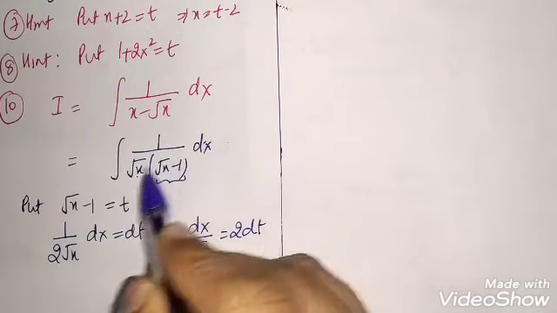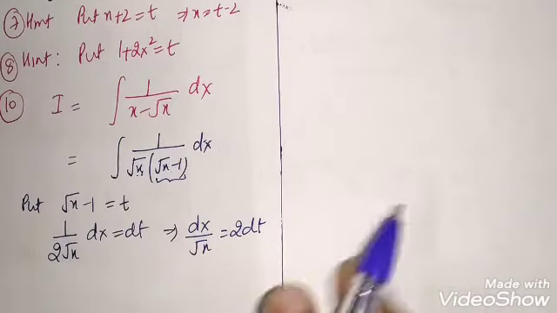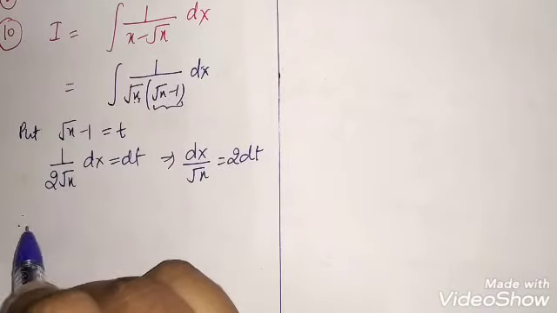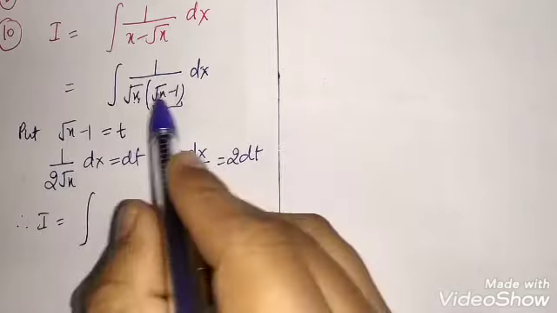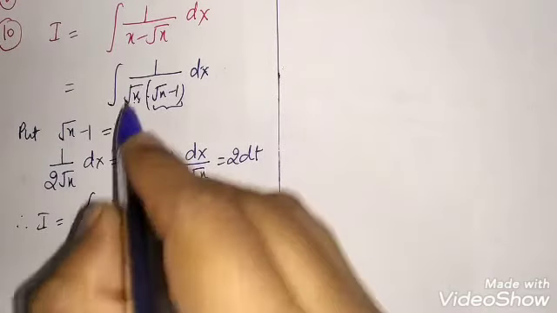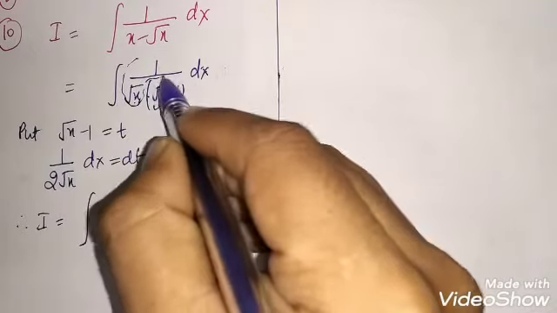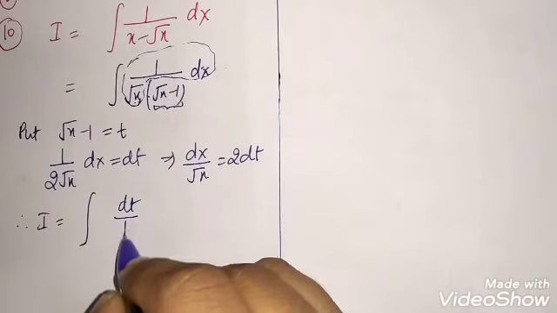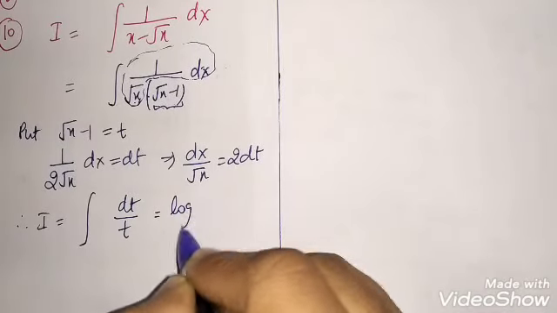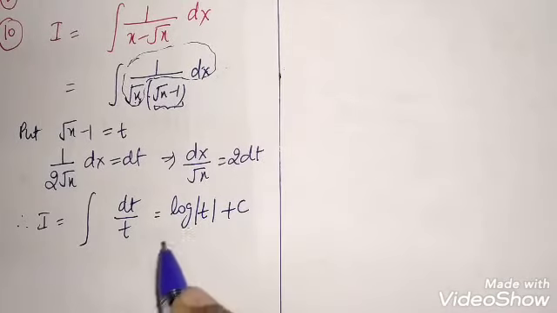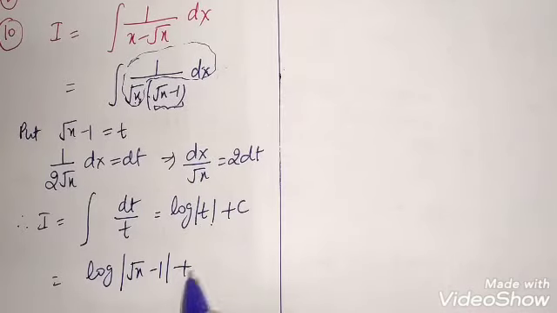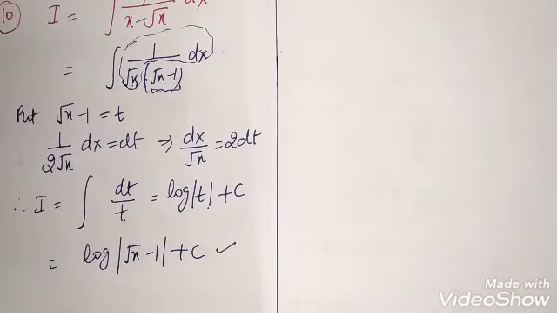As I have the value of dx upon root x, the integrand becomes the integration of 2 dt upon t. So it is 2 log of mod t plus c. Just put the value of t over here: 2 log of mod root x minus 1 plus c. Done.